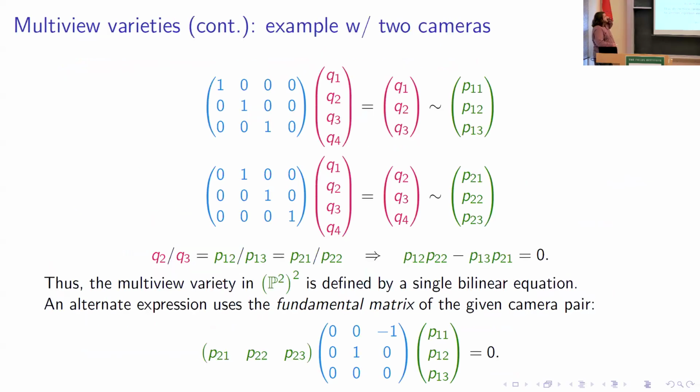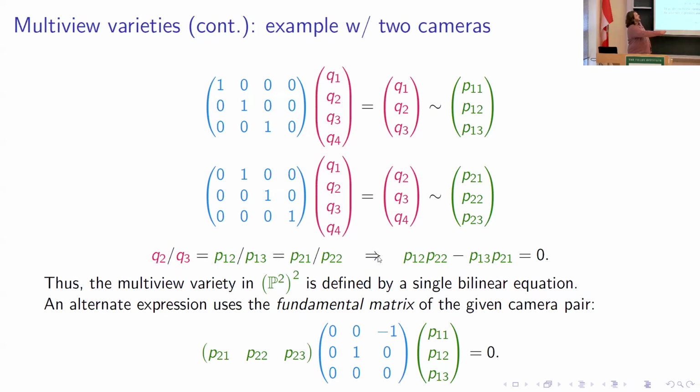So that's that. I'll do a quick example of what these multilinear constraints vanishing on multi-view varieties look like. So here I've got 2 camera matrices. This is the camera matrix we had from the first slide. And then here I've got a kind of reverse situation where I've got an identity block on the right and then a column of zeros on the left. And so if I project the same world point into 2 copies of P2, then I've got Q1, Q2, Q3, and Q2, Q3, Q4.